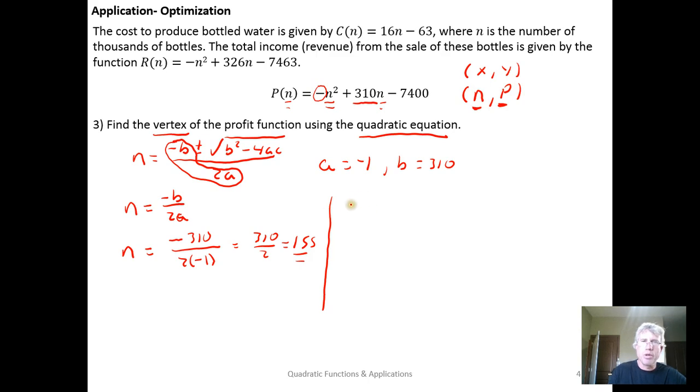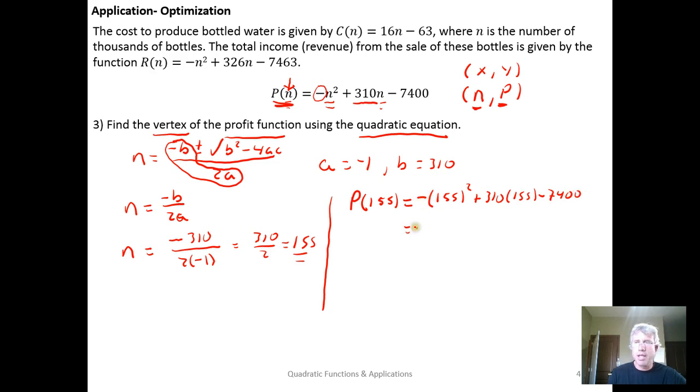To get the p coordinate of the vertex, we evaluate the profit function by putting the 155 in for n and simplifying. So the profit at 155,000 bottles of water is going to be negative 155 squared plus 310 times 155 minus the 7,400.